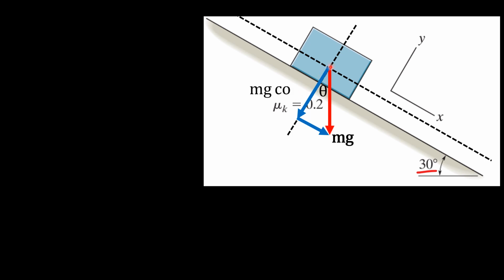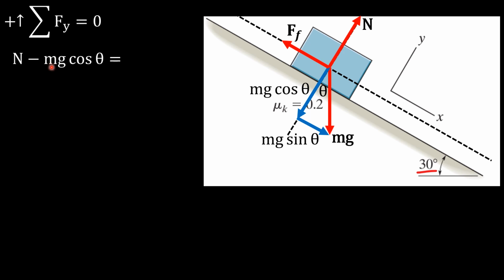This is the vertical, which is adjacent to the angle, so it will be mg cosine theta. The horizontal in here is opposite, so it will be mg sine theta. And we're given the coefficient of friction, and it will oppose the direction of the moving direction, so it will be to the left.